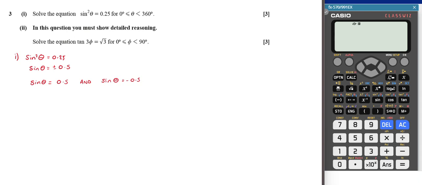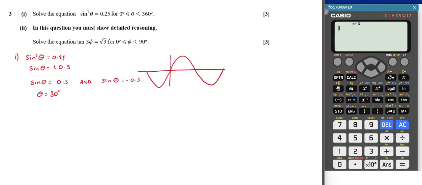So I'm going to get two sets of solutions. You should know the inverse sine of 0.5. That's one of those exact trig values, and it's 30 degrees. We need to find solutions in a range between 0 and 360, so let's have a look at the graph and see what that tells us about finding these other values. I've drawn a few bits of the sine graph.